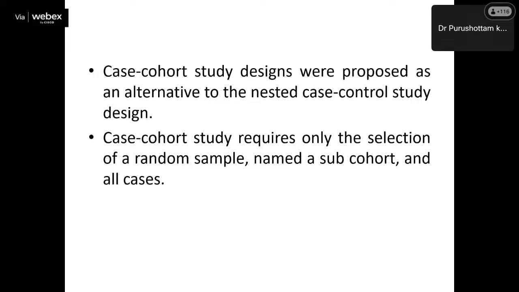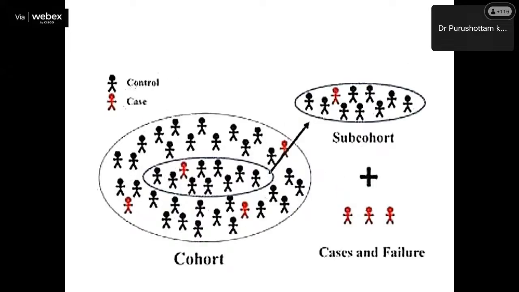So let's see by the picture. ये जो line है मैं इसको clear करता हूँ in the picture. See this one. So first there is a cohort, and in that cohort, if you are able to see, there is red, that is cases, and the black is the control. So in that cohort you select a sub cohort.